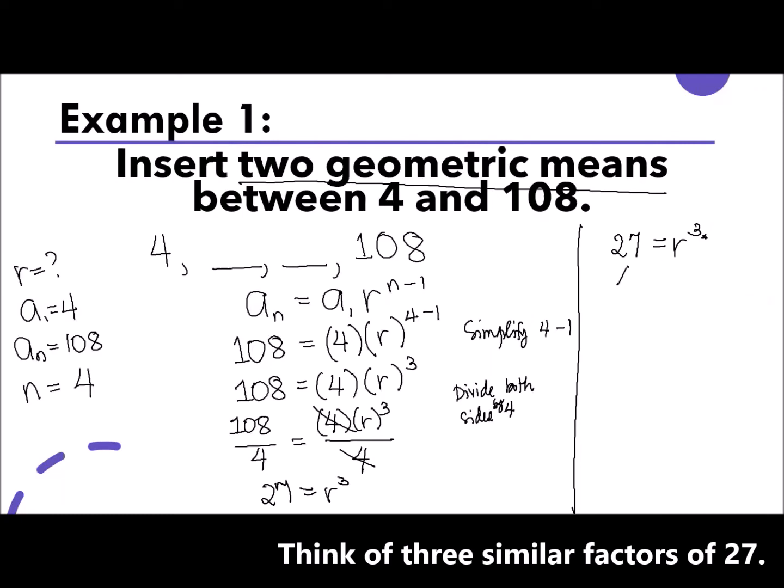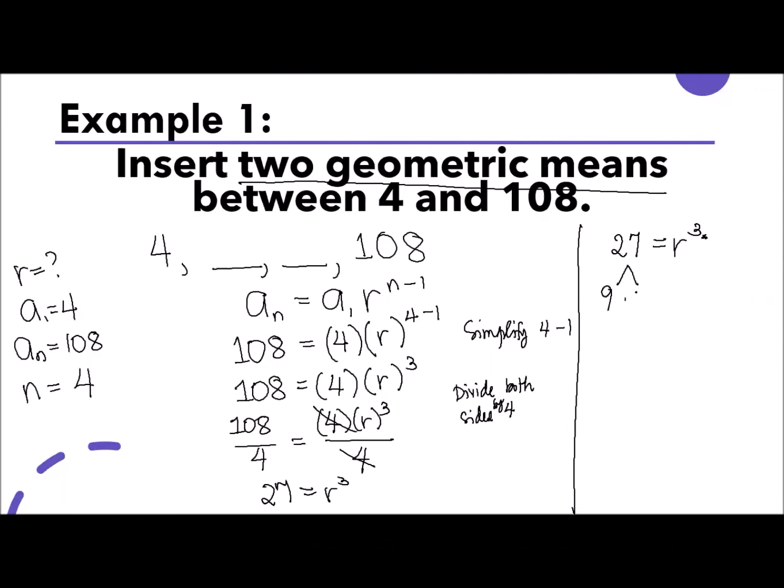Okay, so if we're going to factor this out, this is 9 times 3, right? And 9 is 3 times 3. So, erase ko lang. So, this is 3 times 3 and then 3. So, we could rewrite this as 3 raised to 3 is equal to, bring it down, r raised to 3.